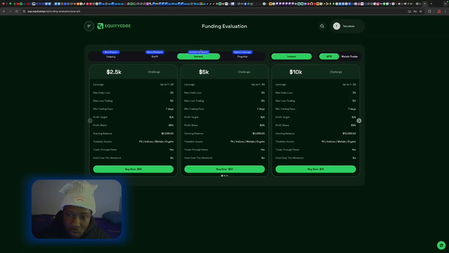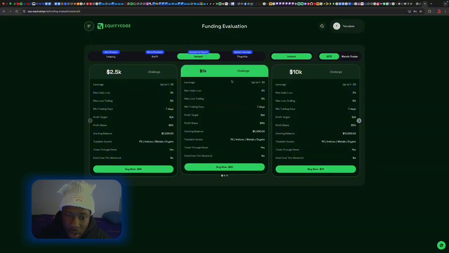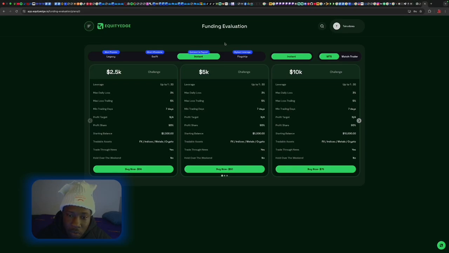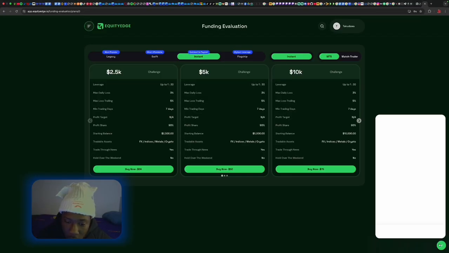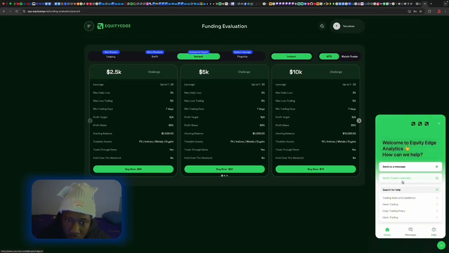Me, I just want to buy an account and start trading it from there according to their rules. So today I'm going to focus on the rules of the instant account. I'm going to buy a 5k account later, but now I'm going to focus on the rules so that I will know more about it. So let's get into it.